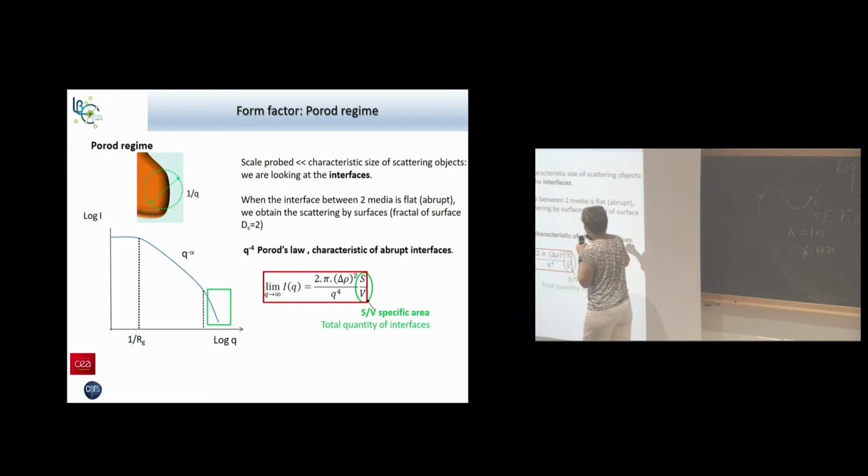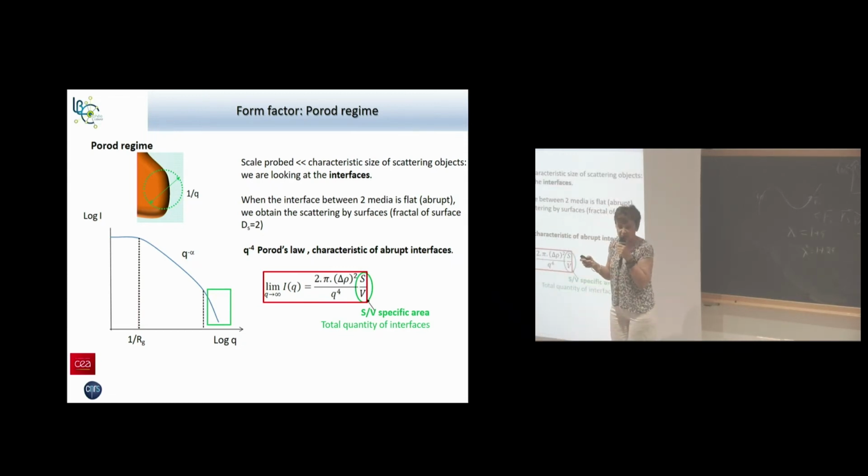In fact, the scattering by a flat surface is fractal, because if you are looking at a big disk, you find it is a disk. If you go closer, it's always a disk, so it's a fractal. For the Porod's law, the decrease is Q to the minus 4. This is what we call Porod's law.